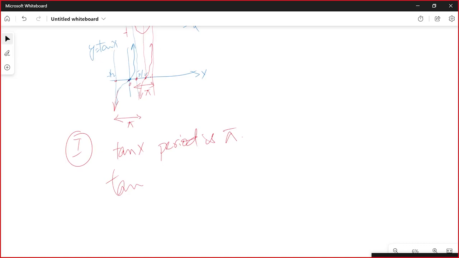So tan x plus pi is equal to what? Tan x. And this also holds for minus pi. If you move toward the left, that is also the same. If you move pi, it's plus or minus. Does it make sense?